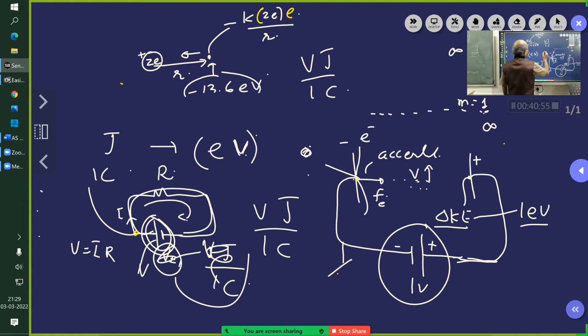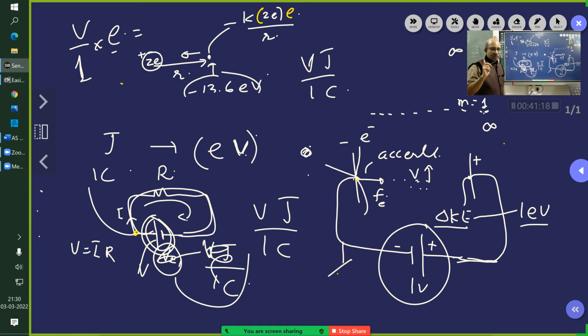Now instead of V joules for 1 coulomb of charge, we have only 1 electron to move. So what is the energy expended? V upon 1 into E gives you the work done, or the energy expended, in transporting an electron around the circuit. Got it?